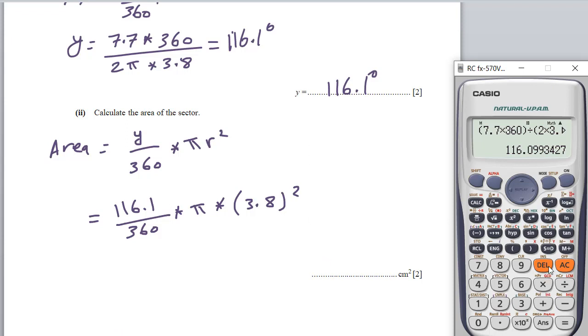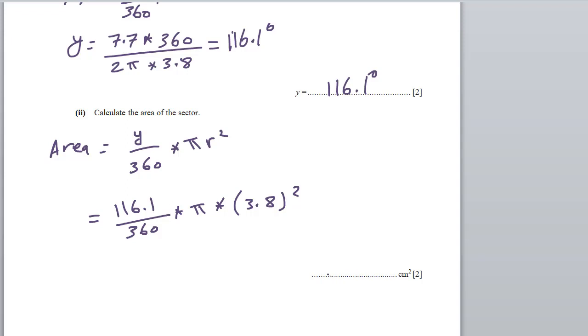So this angle divided by 360 multiplied by pi multiplied by 3.8 squared, it's equal to 14.6. 14.6 centimeter square. 14.63.